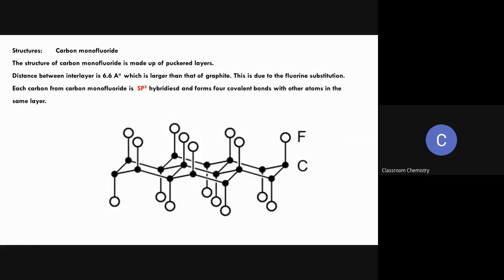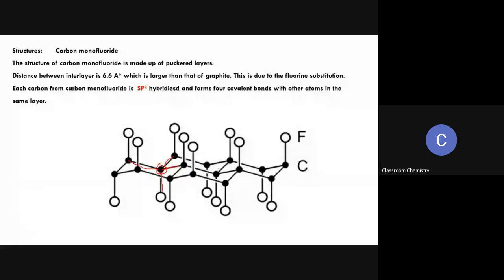It forms one bond with this carbon, another bond with this carbon, the next bond with this carbon, and one bond with the fluorine in the same layer.